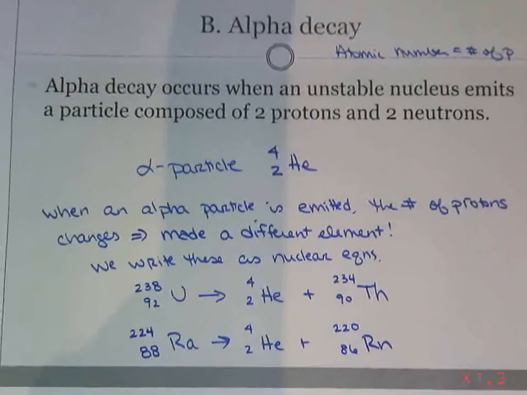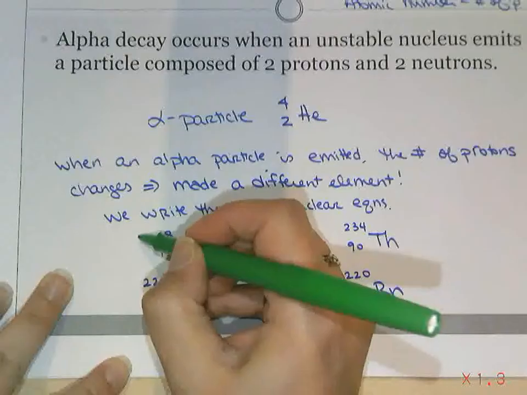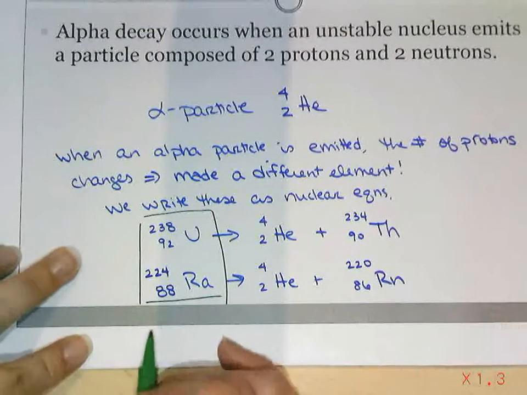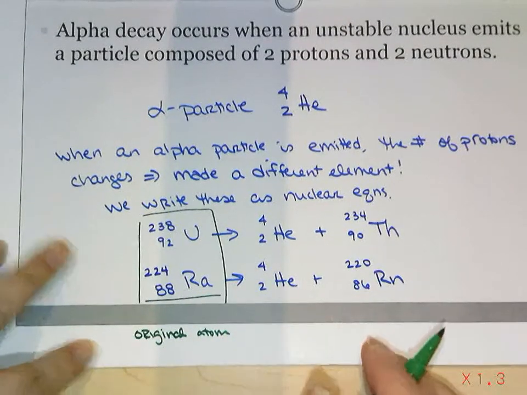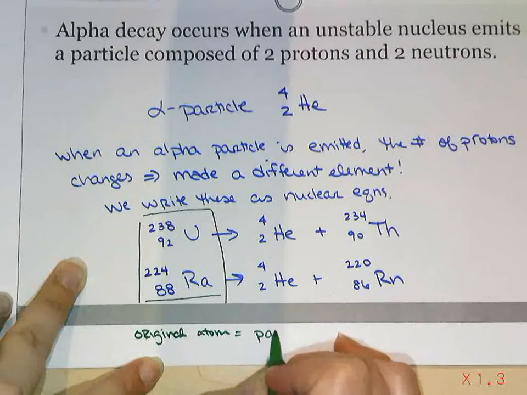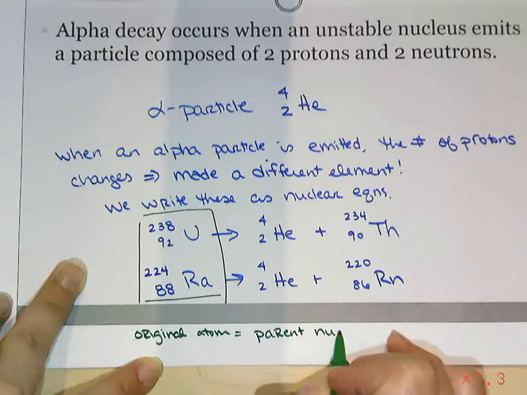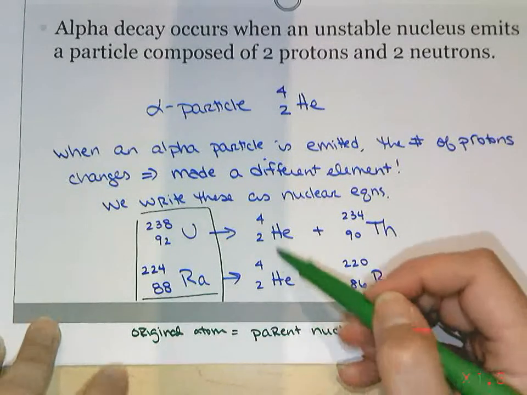There we go. These nuclear equations have some specific lingo that we talk about. The original atom, the atom that we started off the reaction with, we're going to call the parent nuclide. Obviously, these are alpha particles.